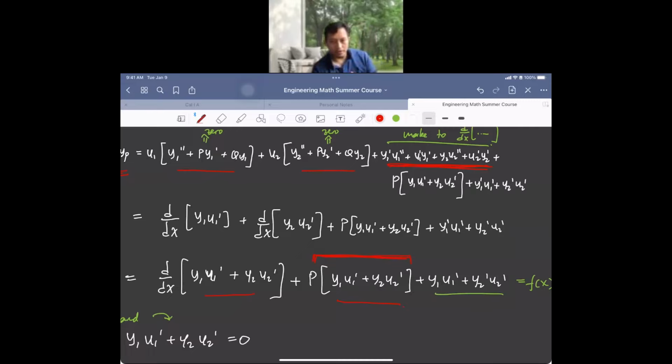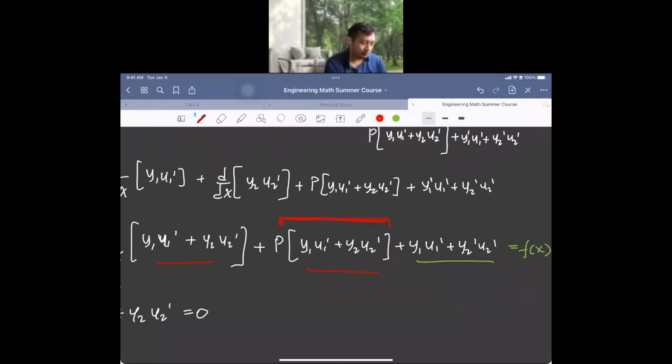What we really care about is that we want to make this our equation that equals 0.